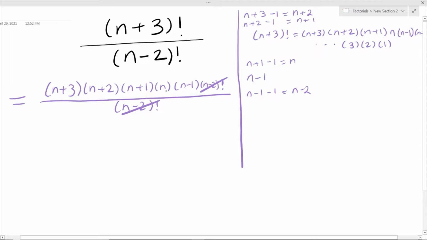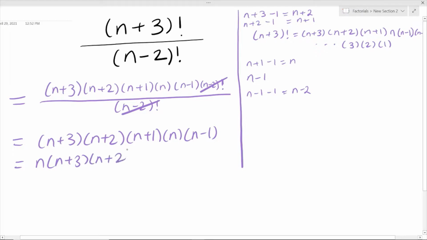And now that we have canceled it out, we can recognize that this expression is going to be equal to n plus 3 times n plus 2 times n plus 1 times n minus 1. And you can even make it look nicer, bring this n in the front.